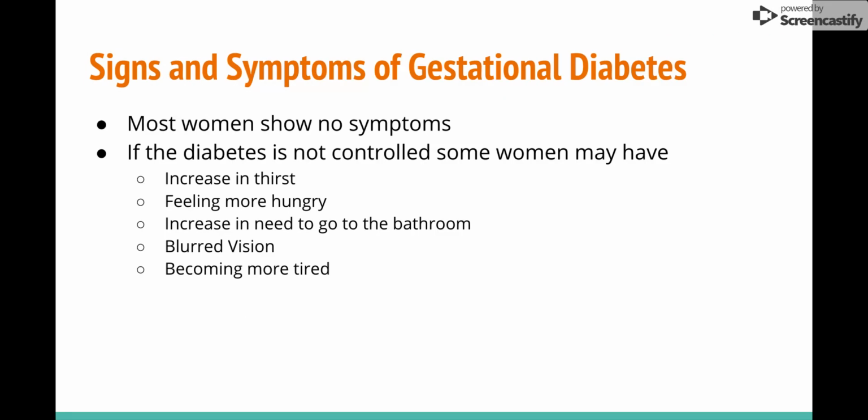So, like I said, most women do not show symptoms, but if it gets out of hand and the blood sugar becomes very unstable and needs to be addressed, a lot of moms will show an increase in thirst, more hunger, blurred vision, and becoming more tired.